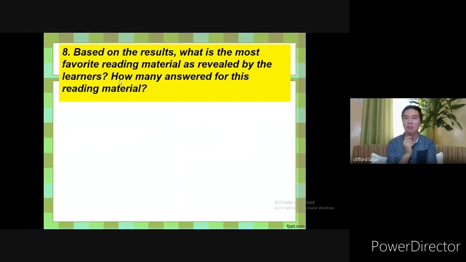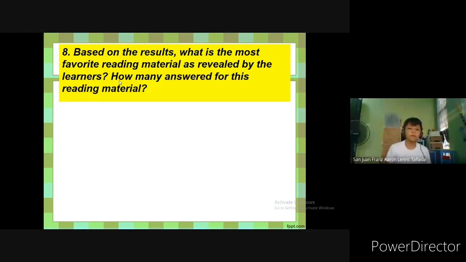So based on the results, what is the most favorite reading material as revealed by the learners? And how many answered for this reading material? Okay, let's get it first from Alan.